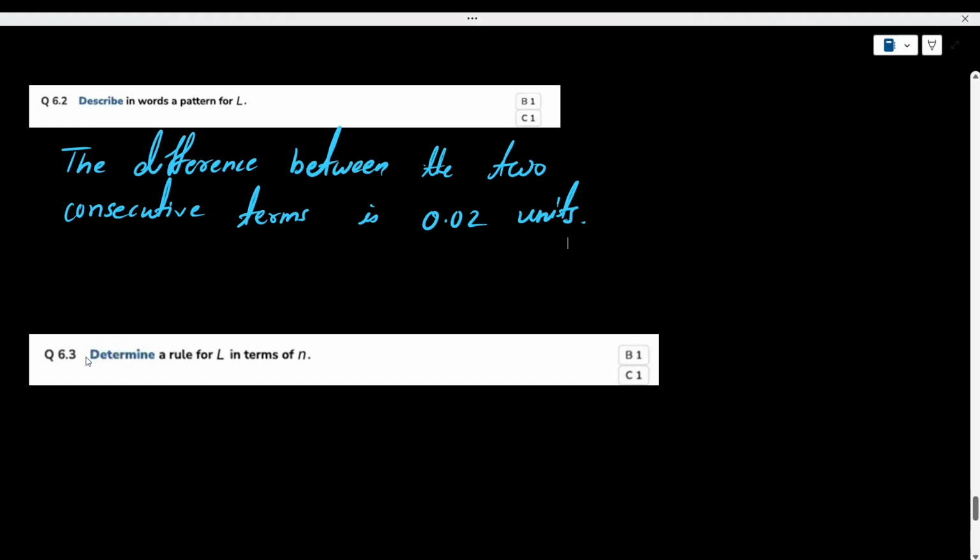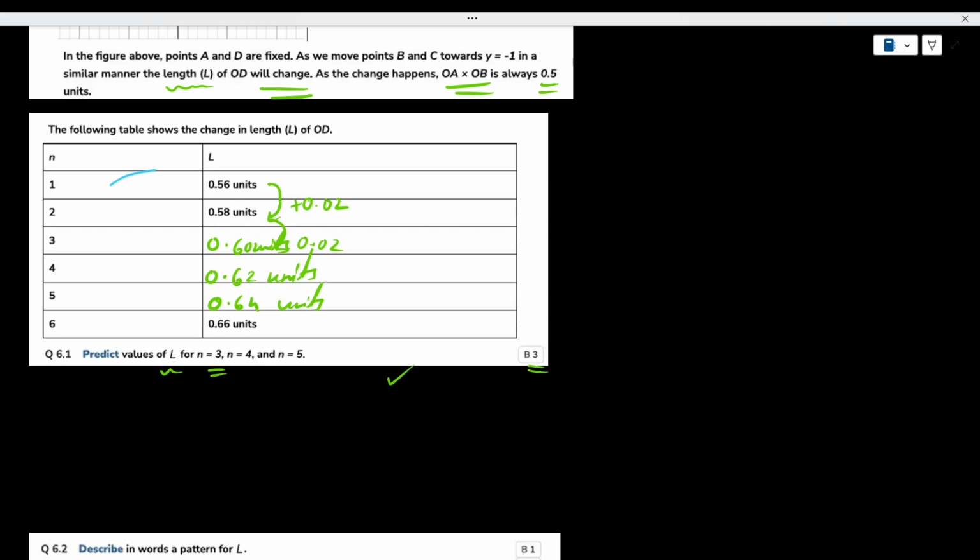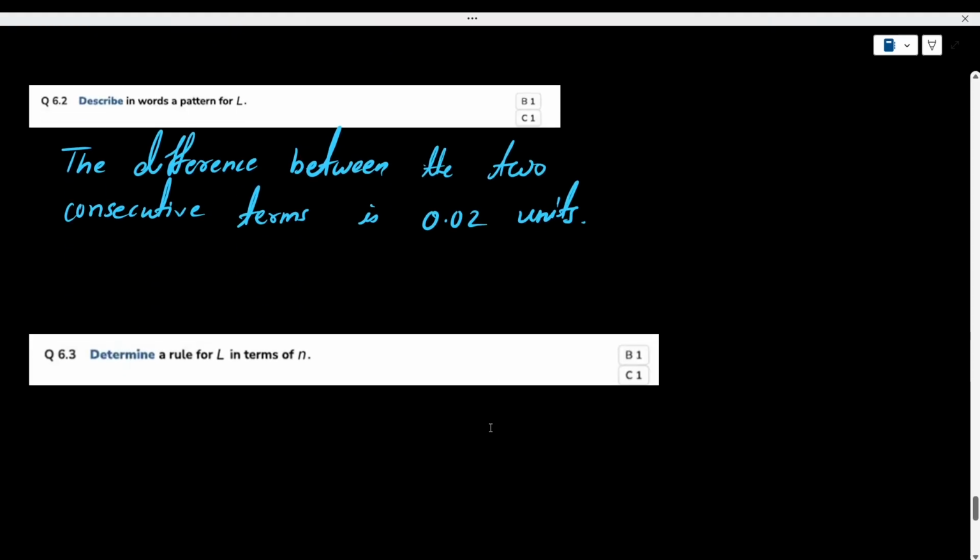Here communication is written. Determine the rule for L in terms of n. Now, how will you relate these two? First place, this; second place, this; third place, this; fourth, this. So you need to write down L in terms of n. This is called stage.